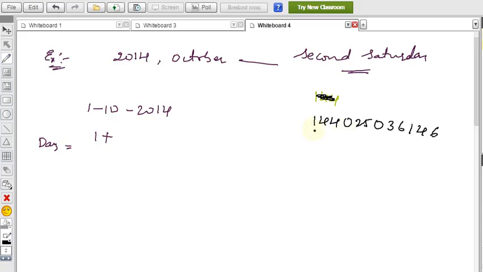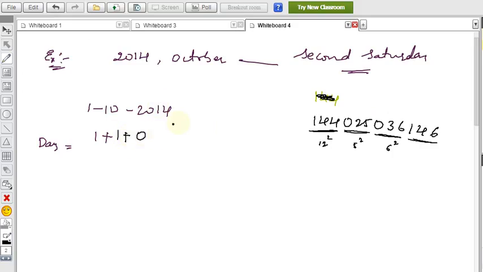You can remember it another way also: the first three are squares of 1, 2, the next is 0, 2, 5, and 0, 3, 6, and just 146. That is, 12 square, 5 square, 6 square. Anyway, we can remember it this way. January, February, March, April, May, June, July, August, September, October. October is 1, plus 0.